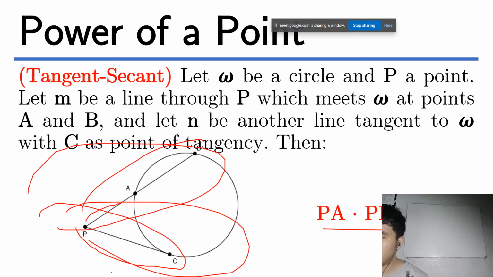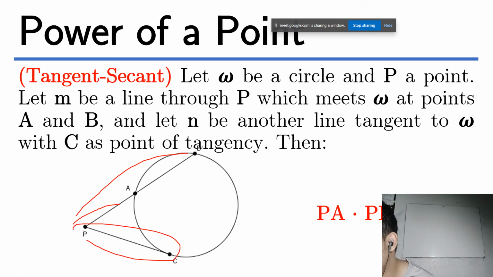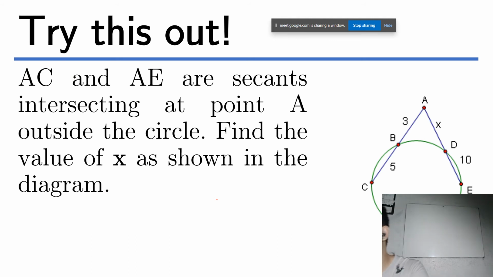Then, kapag naman tangent sa secant yung nag-intersect, ganito lang yan. PA, part, times the whole equals this one squared. Yun. So, sana madali na siyang tandaan. So, ito. Find the value of x.